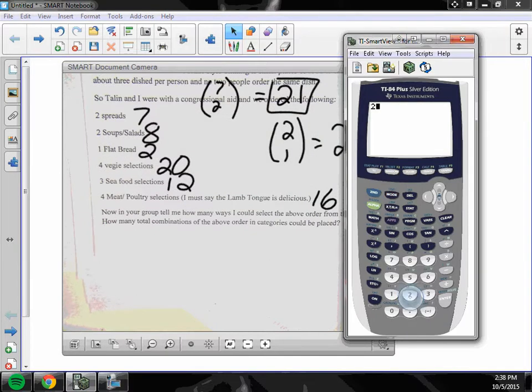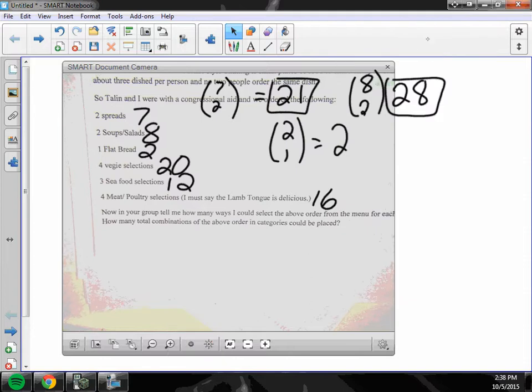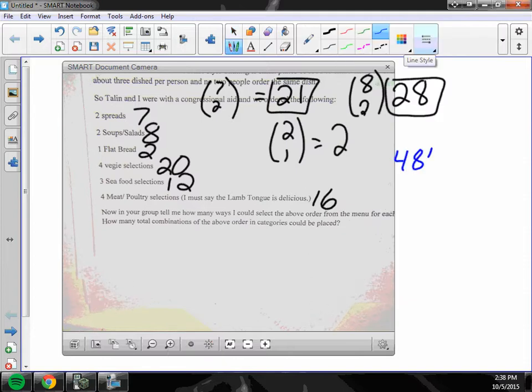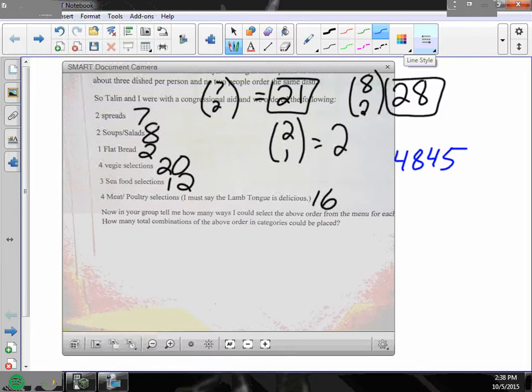And you push 20, and then go into math, and over to probability, and there's an nPr and an nCr, and we want the C for combinations. 20 choose 4. 4845. So 4845, that's for the veggie selections.